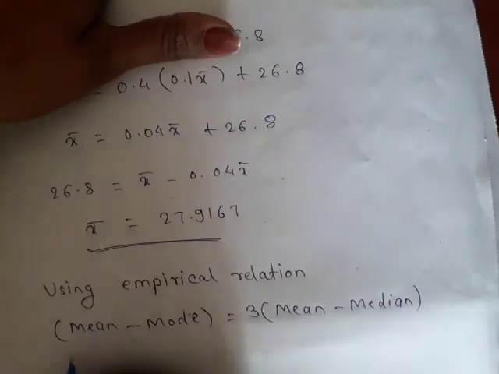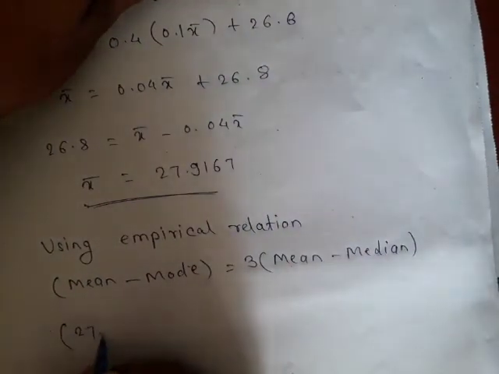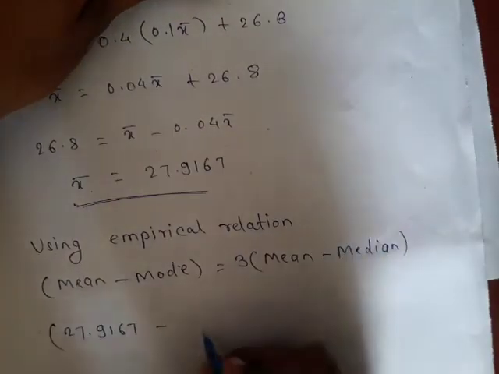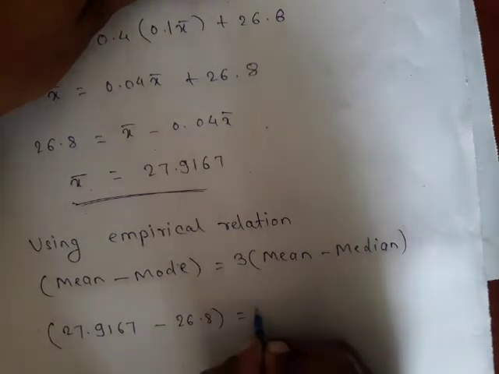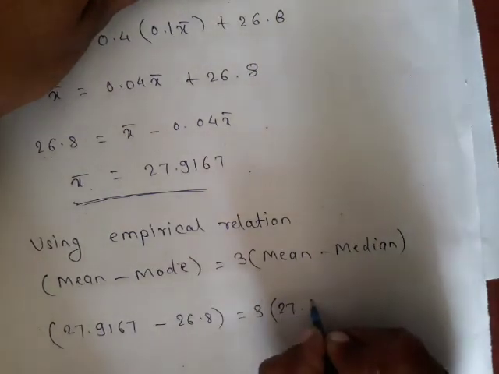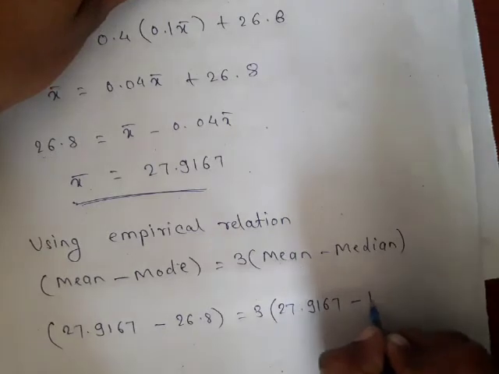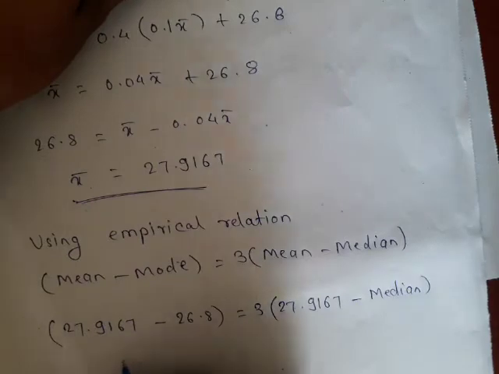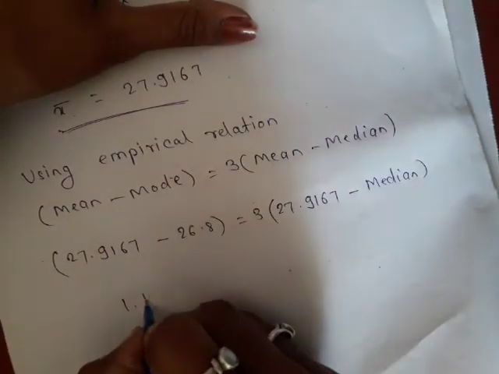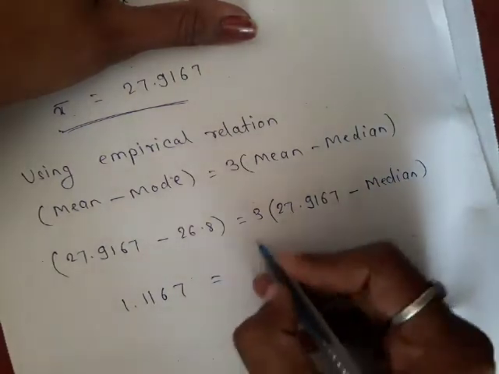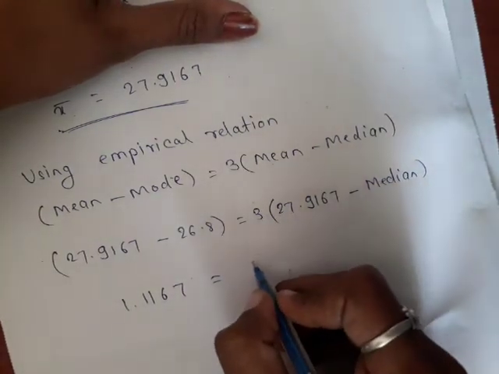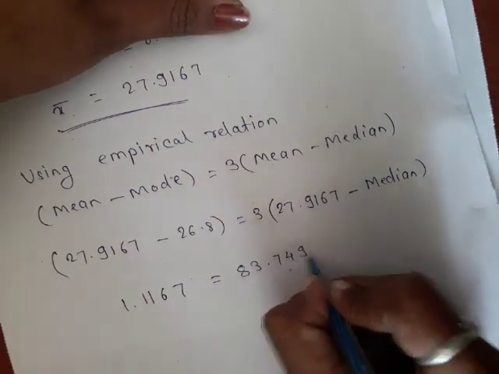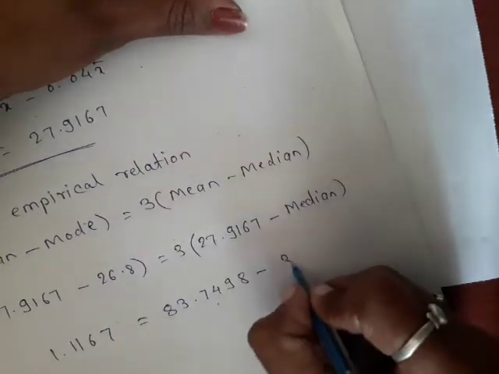We calculate: 27.9167 minus the mode, 26.8, is equal to 3 into (mean, 27.9167, minus median), and we have to calculate the median. The subtraction gives 1.1167, which is equal to 3 into 27.9167, that is 83.7498, minus 3 into median.